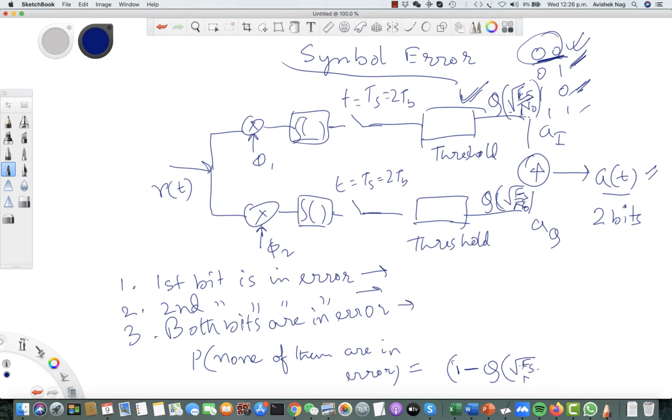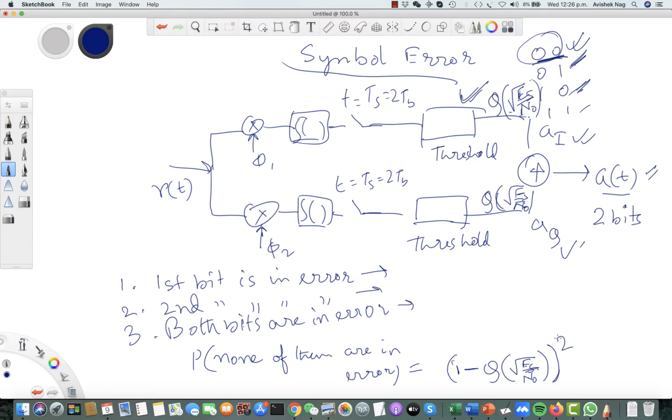Okay. So probability that there is no error in this in phase component is this, and the probability that there is no error in this quadrature component is also this term, and these 2 terms are independent, so they will be multiplied together and you will have this square term.